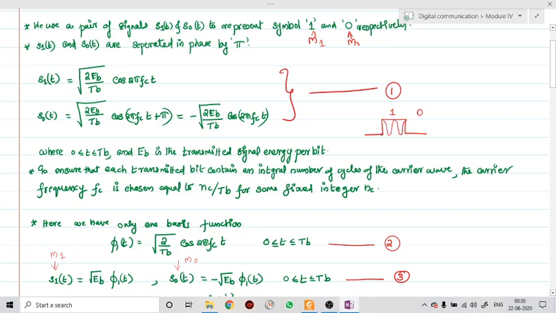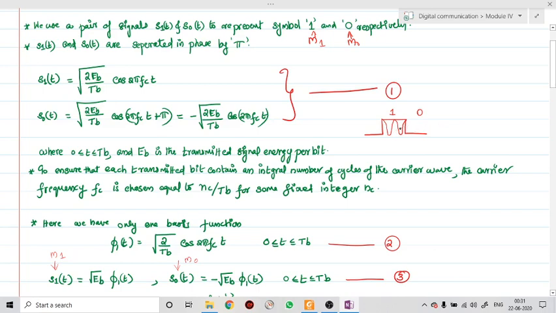That means I have 2 cycles of the cosine signal in this bit duration. Or if I increase the frequency, I may have 3 cycles or 10 cycles or 100 cycles, 1000 or 10,000 or 10 to the power 6 cycles.